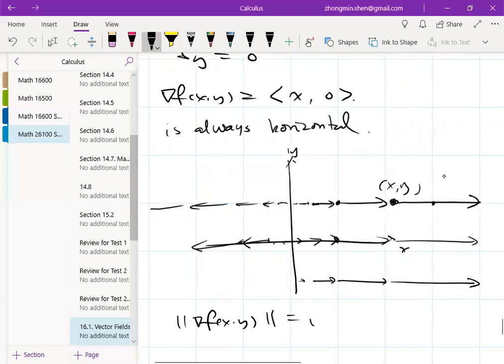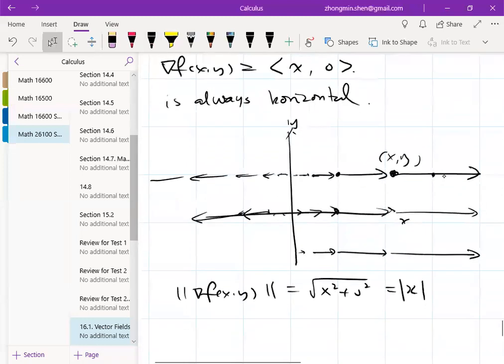It's going to be the square root of x squared plus 0 squared, which is the absolute value of x. So when x is getting large, the point is further away from the y-axis, then the length is getting long. Okay? This goes to infinity when x goes to infinity.